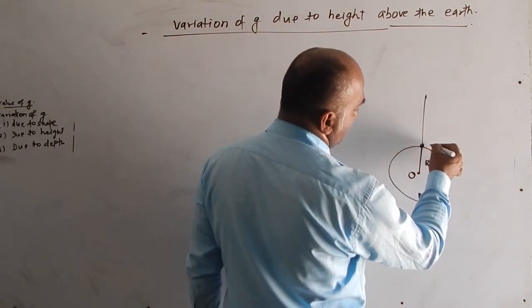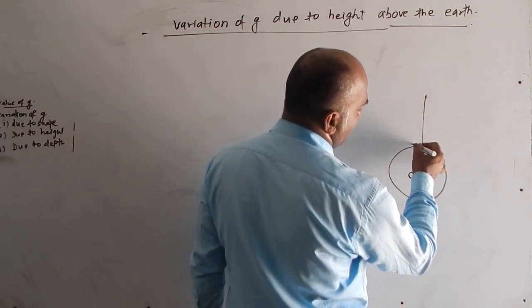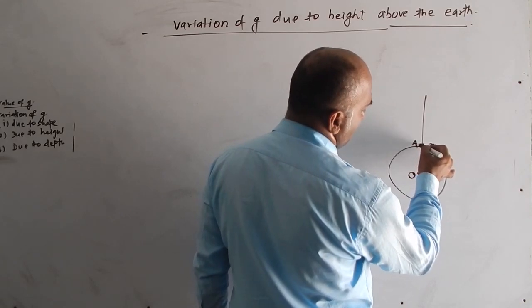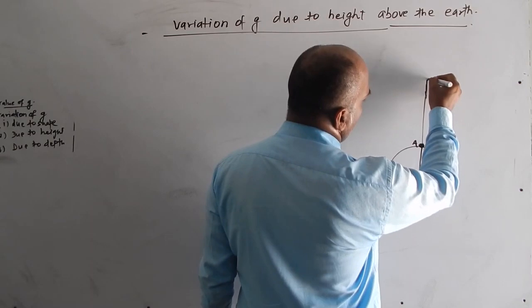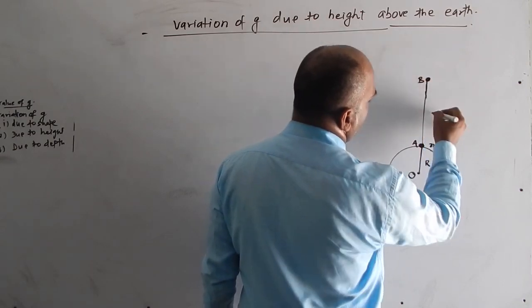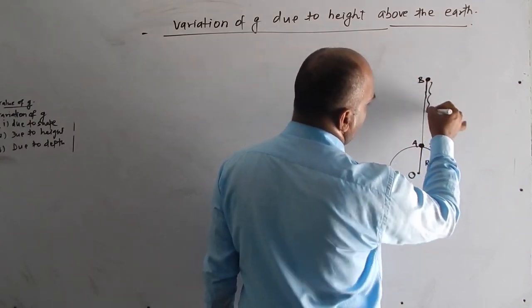An object is kept at, suppose, point A. The mass of the object is small m. This object is shifted to point B up to height h above the surface.